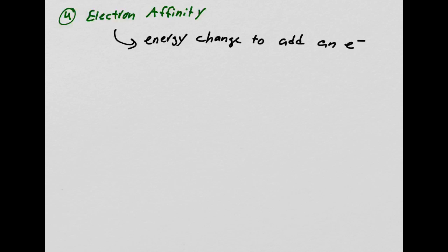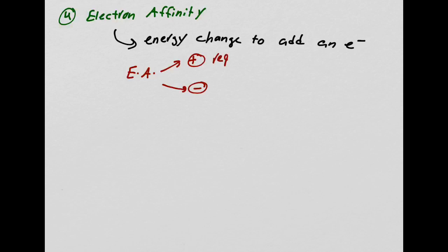Okay? So, ionization energy was energy needed to remove an electron, and you always need energy to remove an electron. Electron affinity is to add an electron. But I didn't say energy needed. I said energy change. Why did I say that? Here's why: because electron affinity could be positive or could be negative.